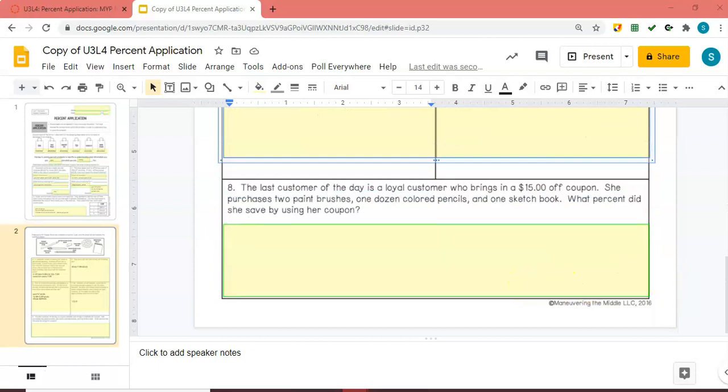So it's 2 brushes, 1 dozen colored pencils, 1 sketchbook.